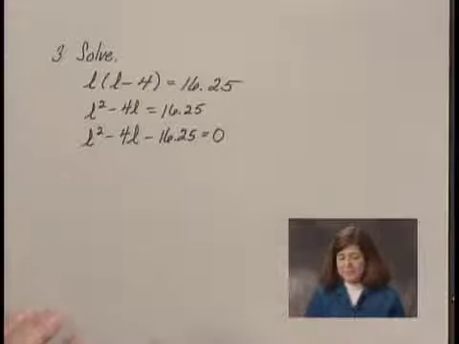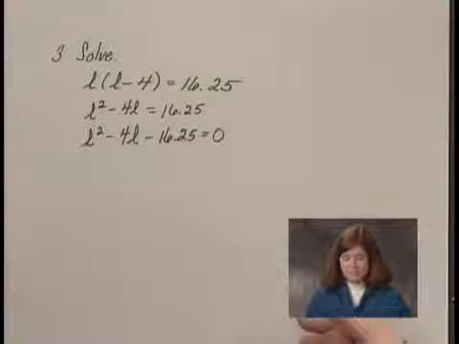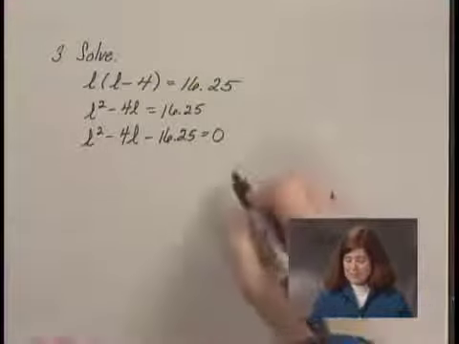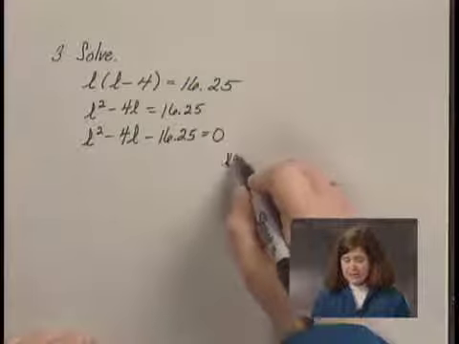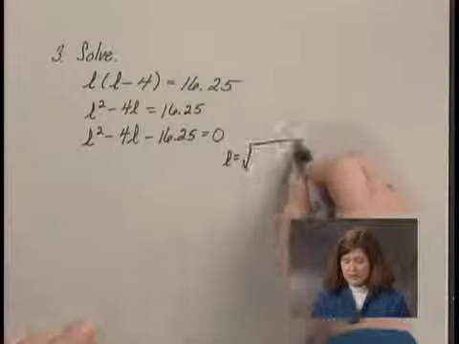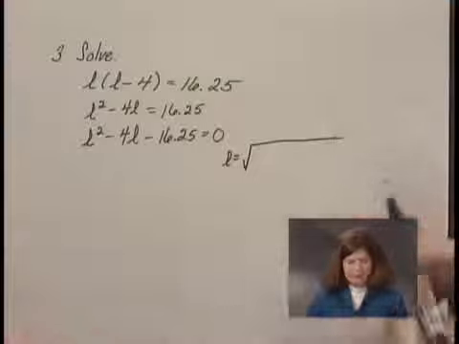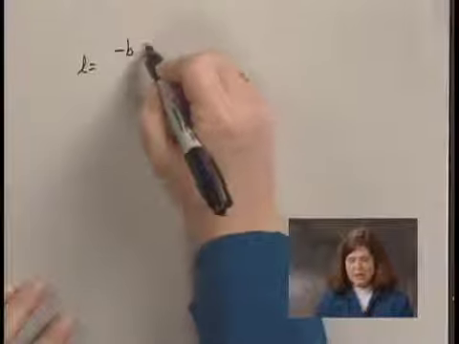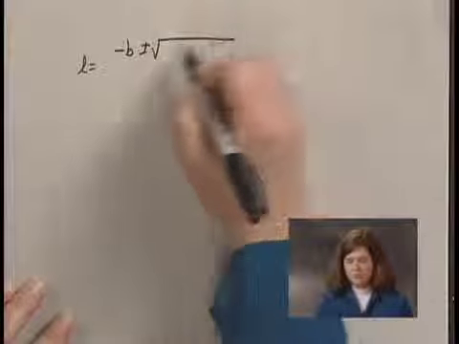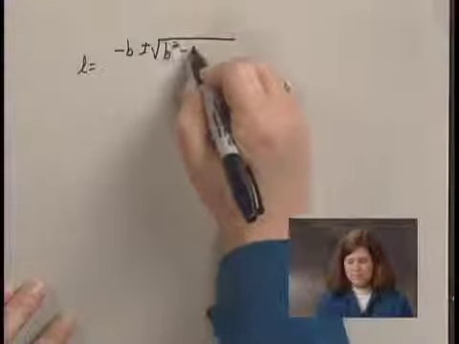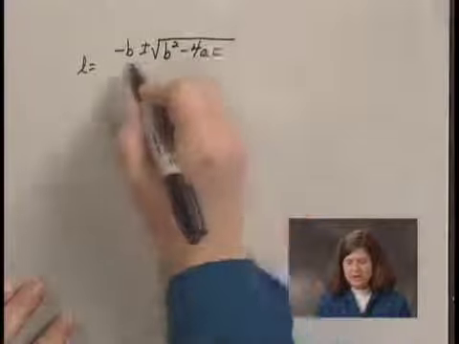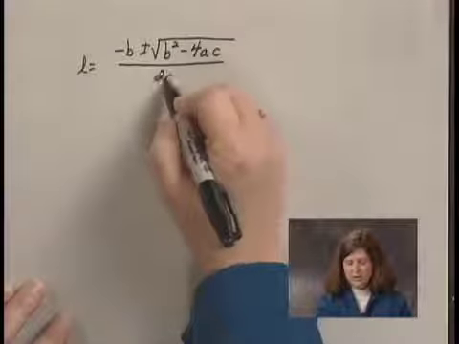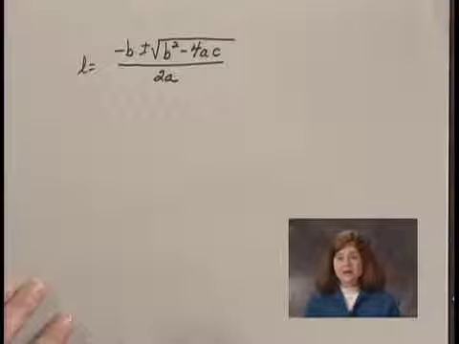The quadratic formula states that L equals the opposite of B, plus or minus the square root of B squared minus 4 times A times C, all over 2A. Now what are A, B, and C?